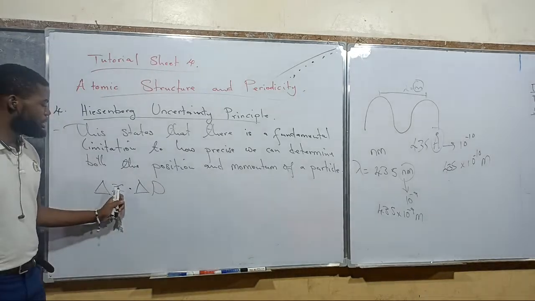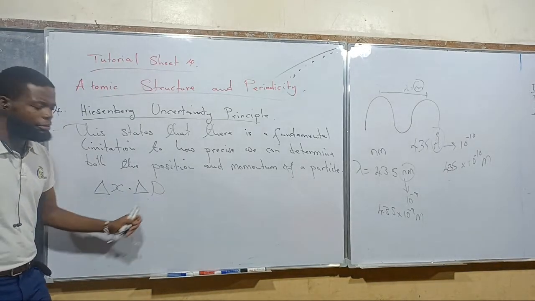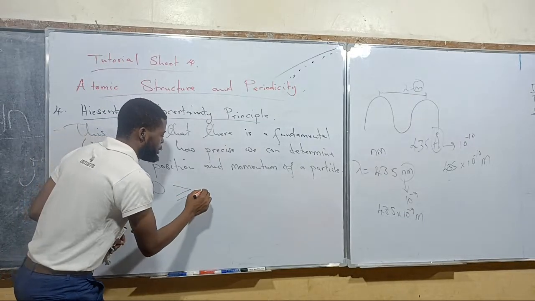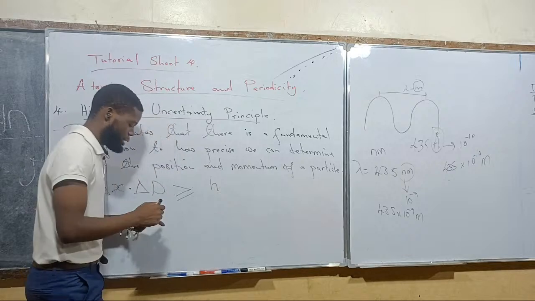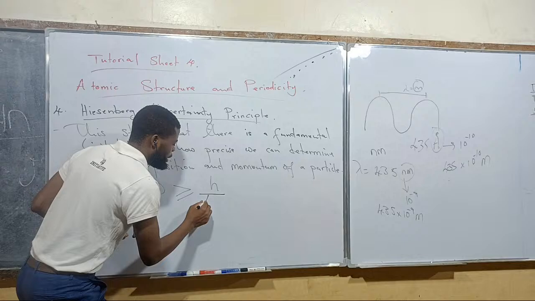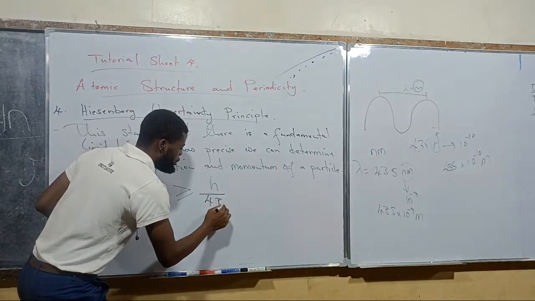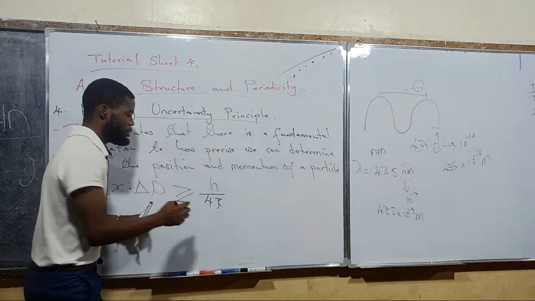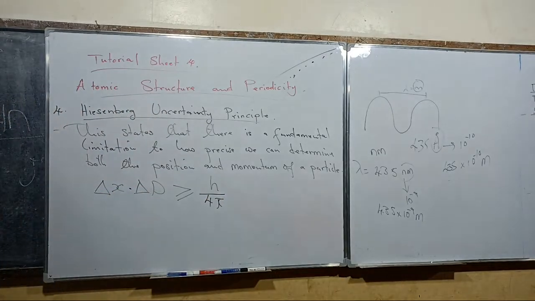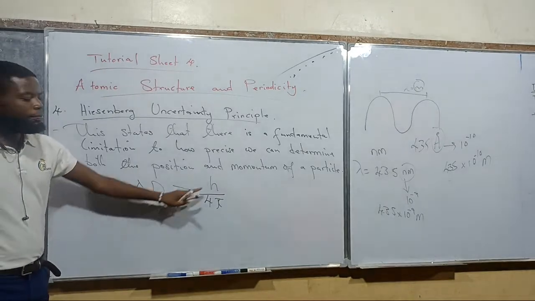So change in position multiplied by change in momentum is greater than or equal to Planck's constant divided by 4 pi.